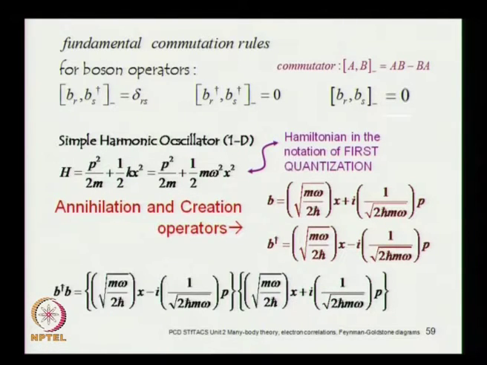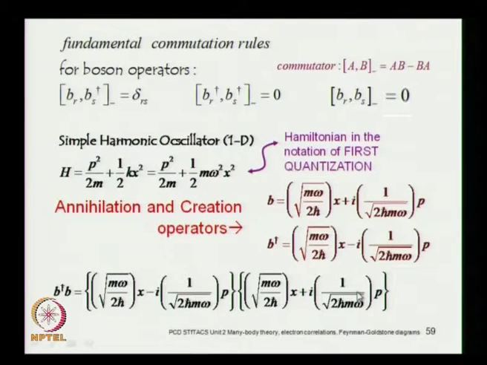Now if you construct the operator B dagger B, so B dagger is this operator, it has got these two terms, so these two terms come in the first bracket, and then B has got these two terms which come in the second bracket. So I have simply written B dagger B in terms of the position and momentum operators, and now you have got two operators over here and two operators over here.